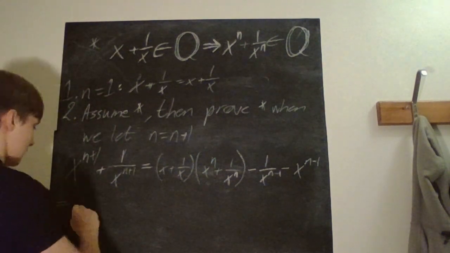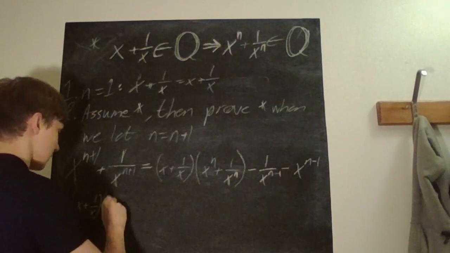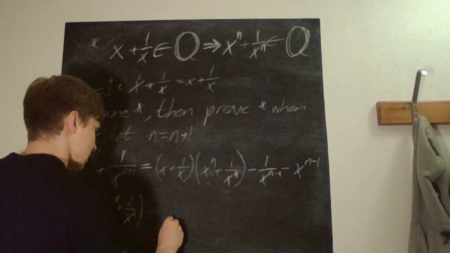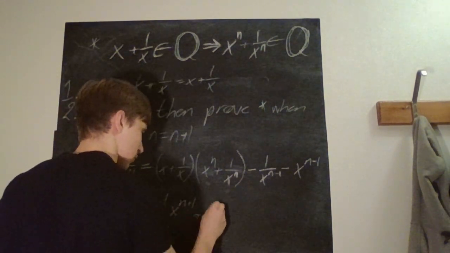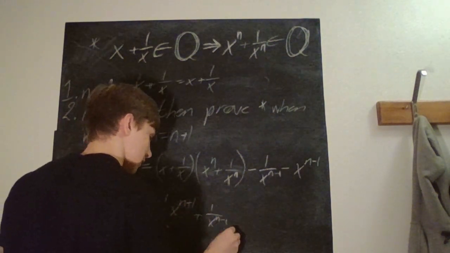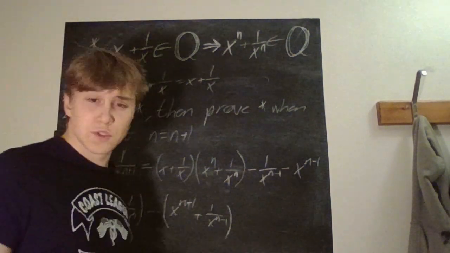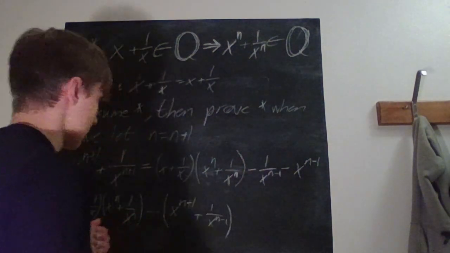And this is just equal to x plus 1 over x, times x to the power of n plus 1 over x to the power of n, minus x to the power of n minus 1 plus 1 over x to the power of n minus 1. Yeah, okay, so here it gets a bit tricky.